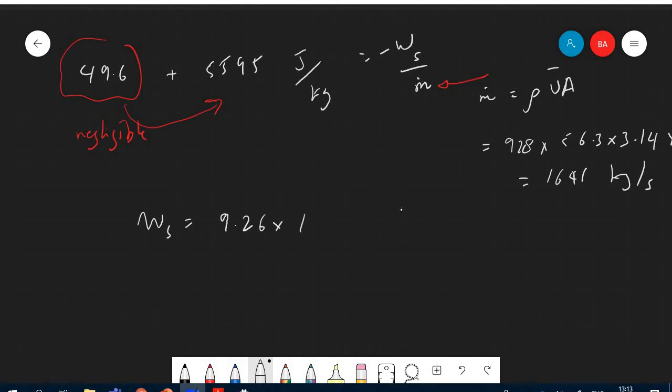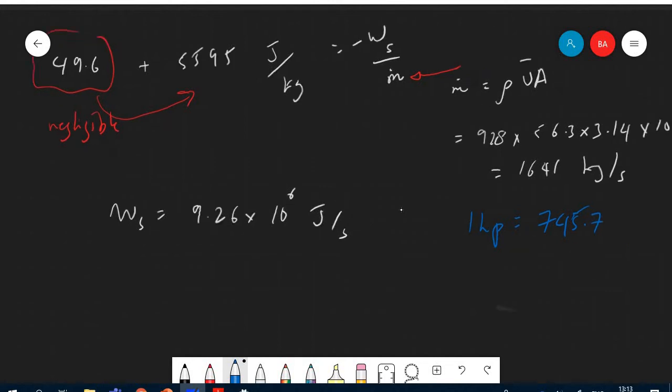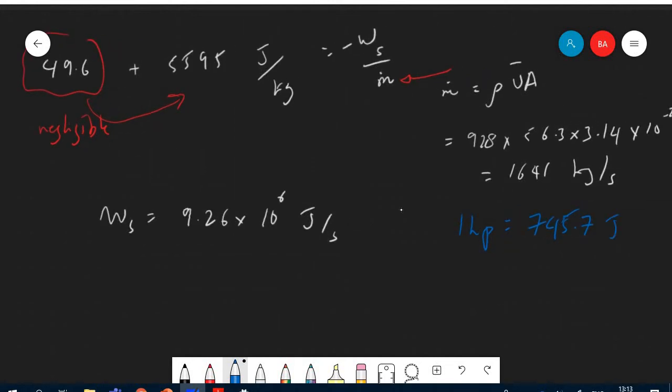9.26 into 10 to the power 6 joules per second, and of course you know that 1 horsepower is equal to 745.7 joules per second.